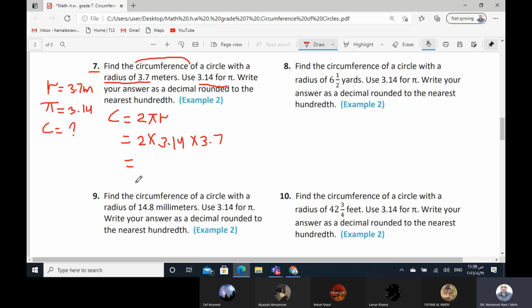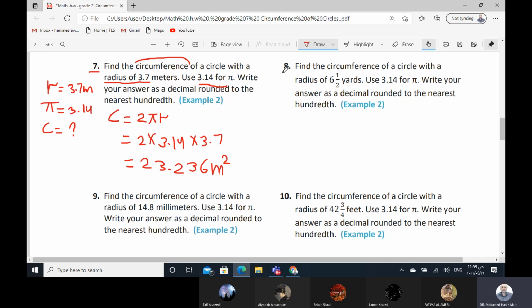Yes, please. The answer will be 23.236. Great, thank you. So the answer will be 23.236. And what is the unit? So the unit will be meter squared.